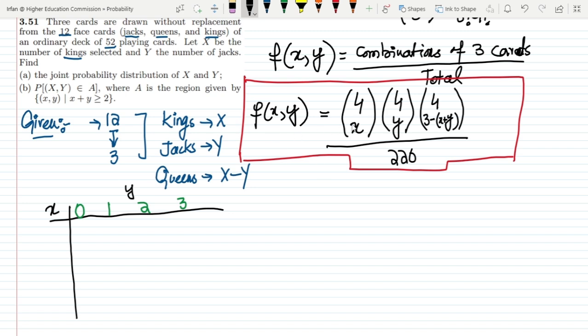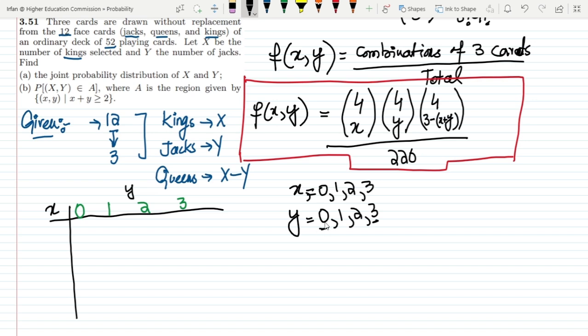Because here we can see that x can have 0, 1, 2 or 3 values. Okay, here all the cards selected would be kings, or I can have here y where I will have 0, 1, 2, 3, where this is the lowest value and this is the highest.